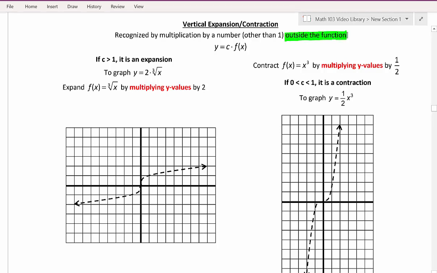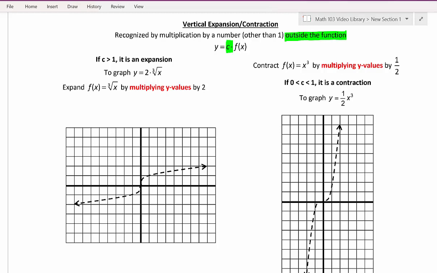So it's vertical, so this transformation is going to be outside the function, and we're going to have multiplication by a number out in front of the absolute value, in front of the radical, in front of the parentheses. Just like with the horizontal expansion or contraction, we're not taking the negative into consideration because the negative is a reflection. We're just looking at whatever the positive number is.